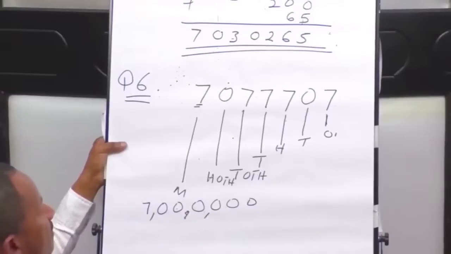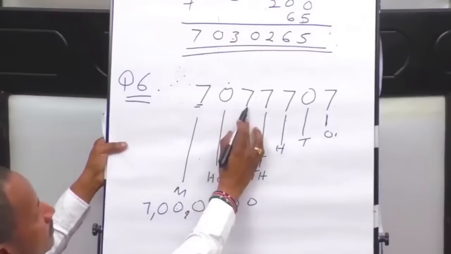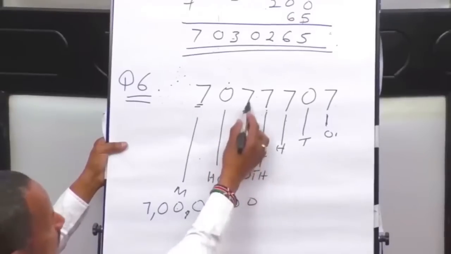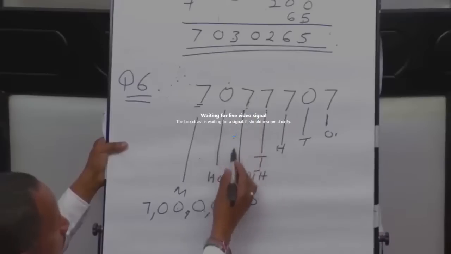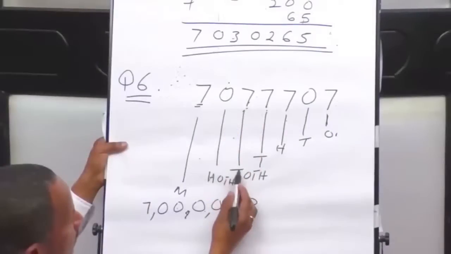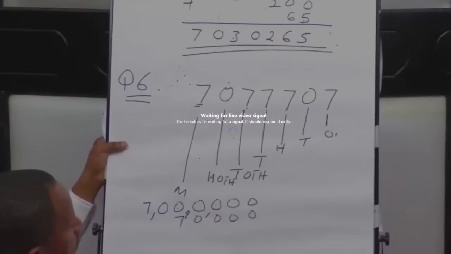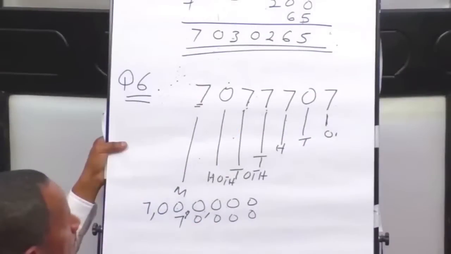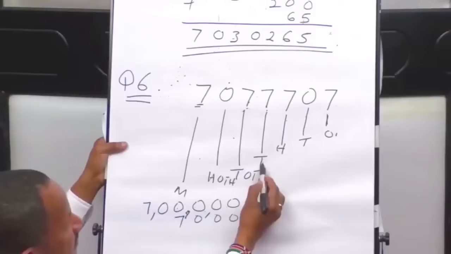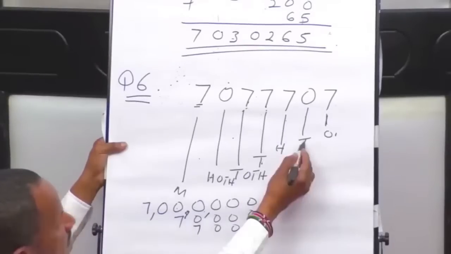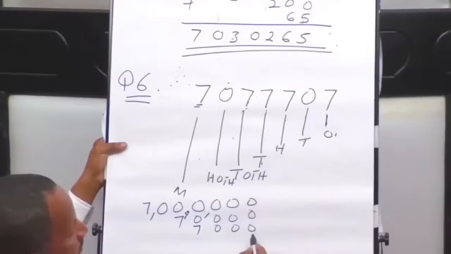7 million. Then come here. This is 77,000. So we have 70,000. This 7 is in thousands. So this is 70,000. Then 7 is in thousands. So 7,000. Then we have tens, which is 0. Then we have 7.